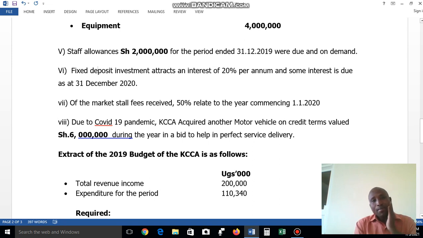When this income comes, we have to recognize the receipt of this interest income. In other words, the accounts that will be affected this time will be cash and cash equivalents. So how do we go about that?